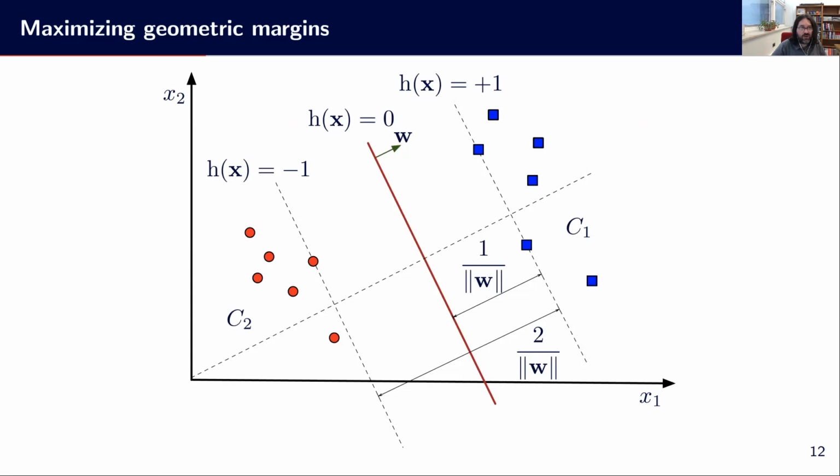Looking back at our model, we are now adding some samples in two classes. We have the blue squares and the red circles.